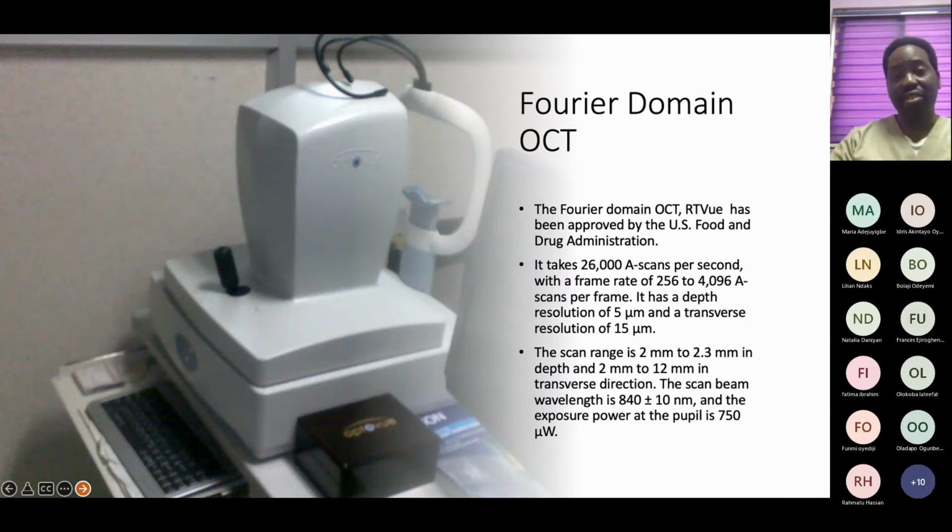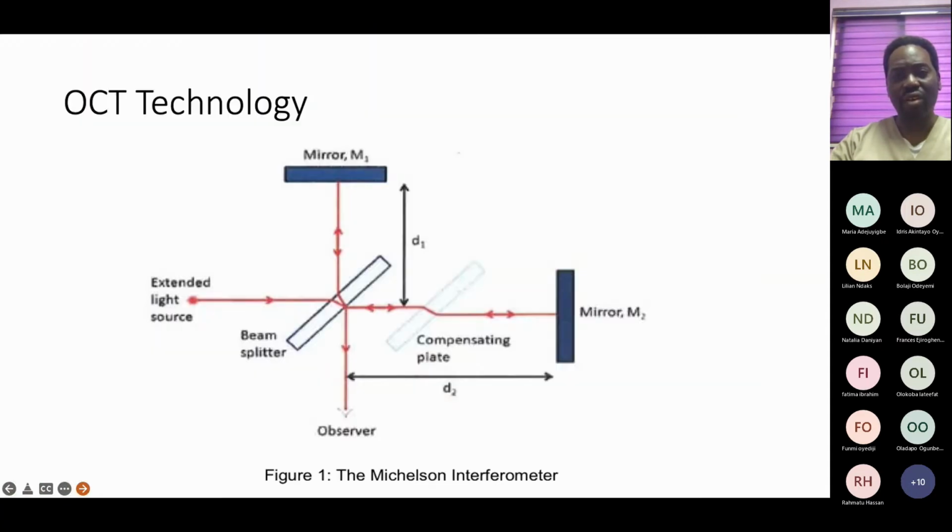Unlike the newer versions we have now, the Fourier domain, sometimes referred to as the spectral domain OCT, it takes as many as 26,000 A scans per second compared to 400 A scans per second that the time domain OCT was taking. So we're able to have a lot more detail of the retina.